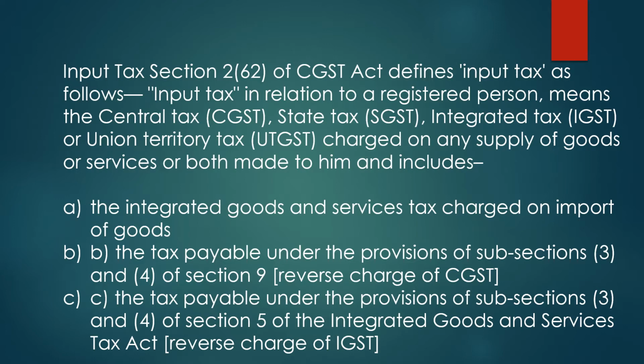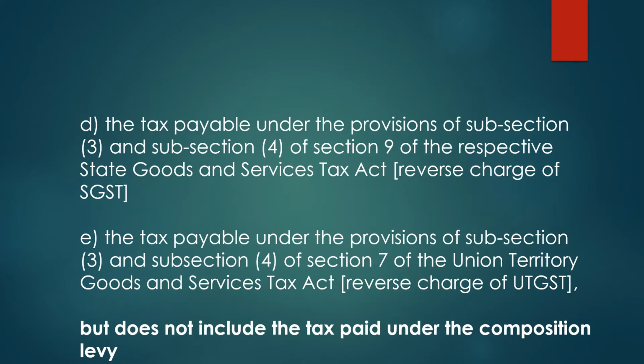Input tax in relation to a registered person means the CGST, SGST, IGST and Union Territory tax, that is UTGST, charged on any supply of goods or services or both made to him, and includes the integrated goods and services tax charged on import of goods, the tax payable under the provision of subsection 3 and 4 of section 9, that is reverse charge of CGST, tax payable under the provision of subsection 3 and 4 of section 5 of the Integrated Goods and Services Tax Act, reverse charge of IGST, the tax payable under the provision of subsection 3 and subsection 4 of section 9 of the respective State Goods and Services Tax Act, and the tax payable under the provision of subsection 3 and 4 of section 7 of the Union Territory Goods and Services Tax Act, but does not include the tax paid under the composition levy.